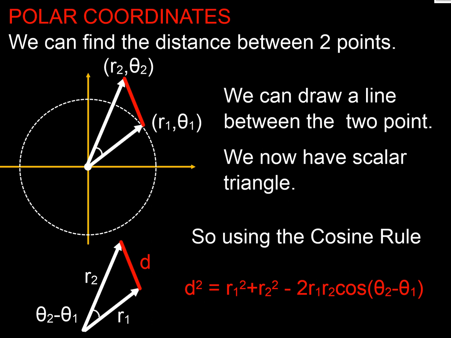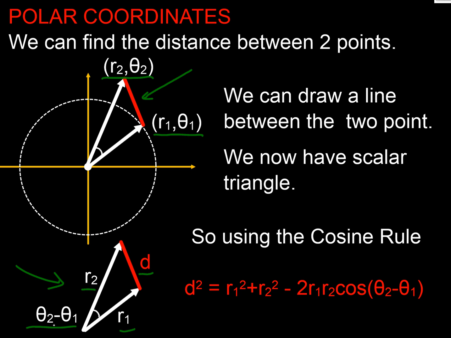One of the first things we might want to do is find the distance between 2 points, r1 theta 1 and r2 theta 2. Well, there's the vector between the 2 points. How are we going to find it? Well, if we have a look down here, we can see that we've got a scalar triangle, haven't we? We know these two side lengths are r1 and r2. I'm trying to find this distance here, but I do know the angle opposite it.